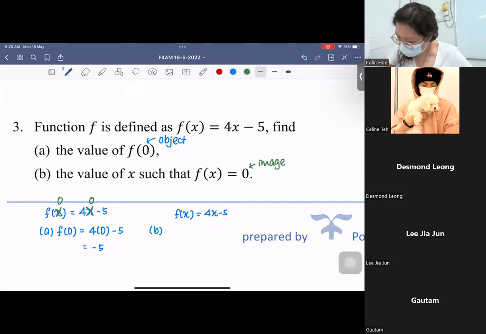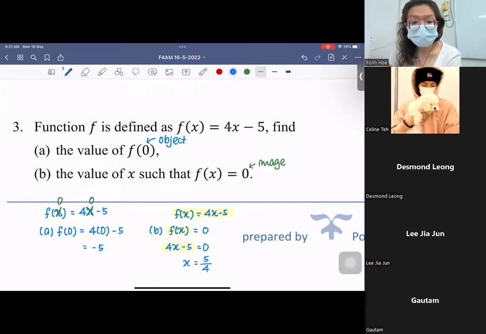So it will be f(x) equals 0. What is my f(x)? f(x) equals 4x minus 5. So I change it to 4x minus 5 equals 0. x equals 5 over 4.